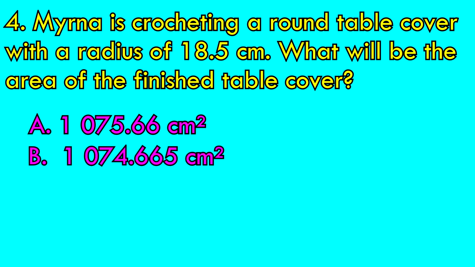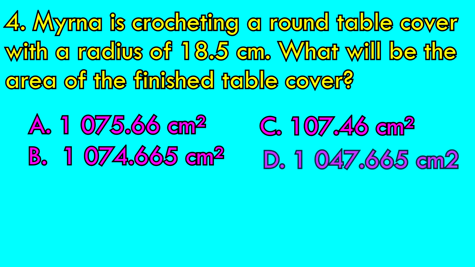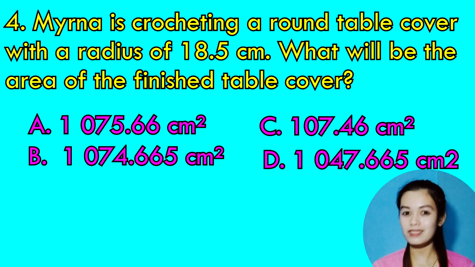Letter B, 1,074 and 665,000 centimeters squared. Letter C, 107 and 4,600 centimeters squared. Or letter D, 1,047 and 665,000 centimeters squared. Your time starts now.